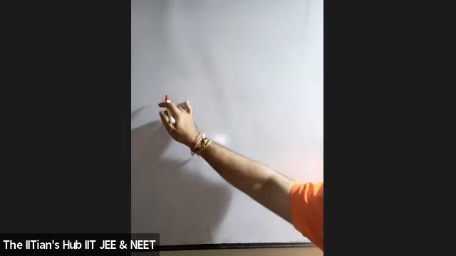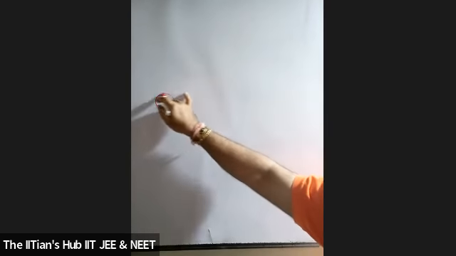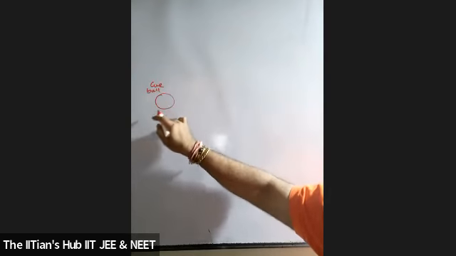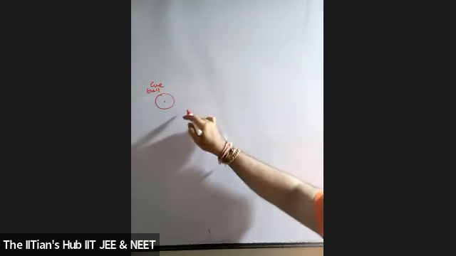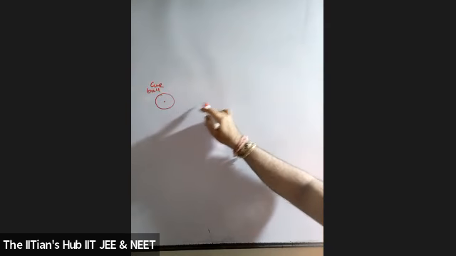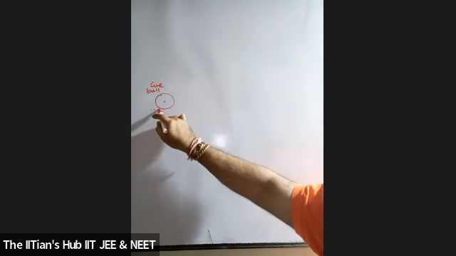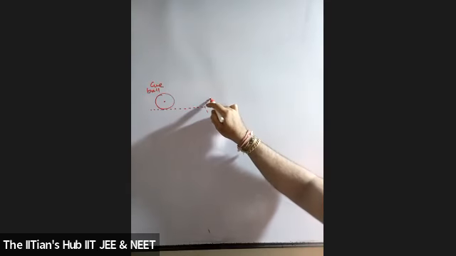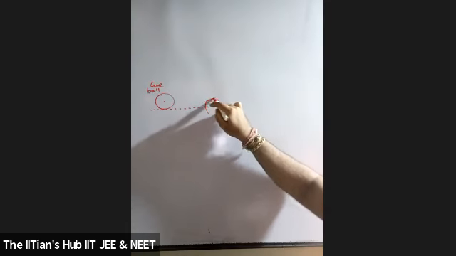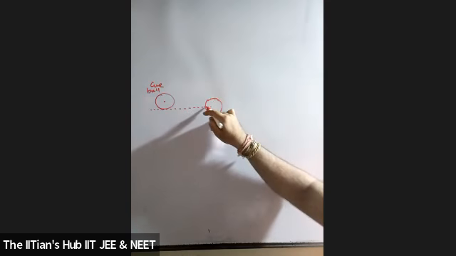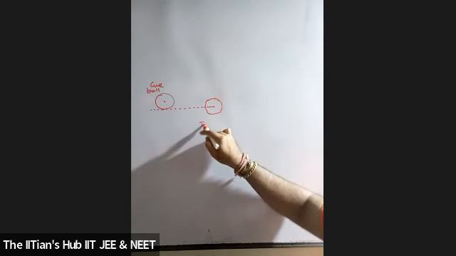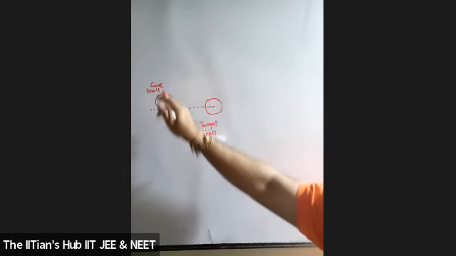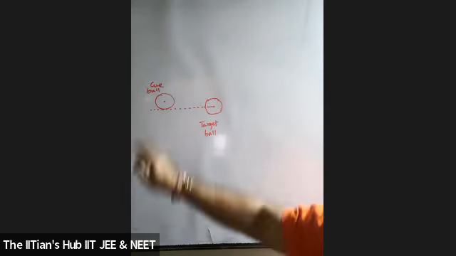Students, given to you, there is a cue ball. And there is a striker ball. Sorry, the target ball. This is the target ball, since the cue ball is always called a striker.